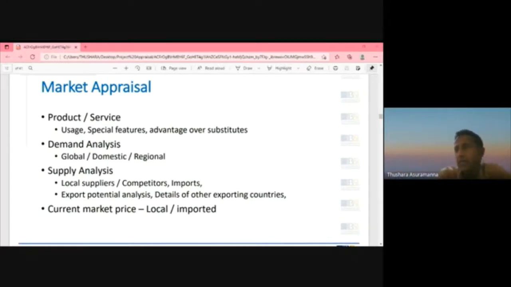Supply analysis. Who are the suppliers? Imports, local suppliers, competitors. Then export potential analysis, details of other exporting countries. So it's important to see where you get that supply.